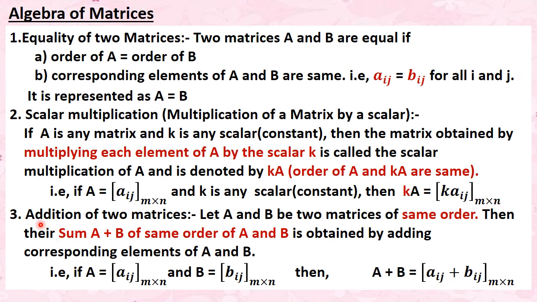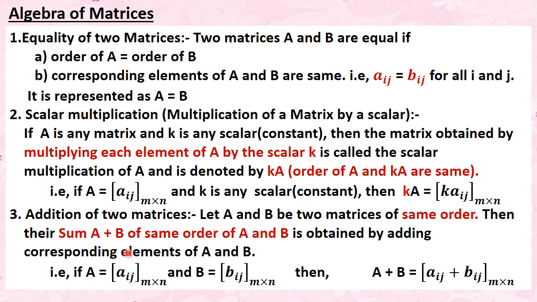Now, addition of two matrices. Let A and B be two matrices of the same order. Then the sum A plus B, of the same order as A and B, is obtained by adding the corresponding elements of A and B. Corresponding elements means the elements in the same place.